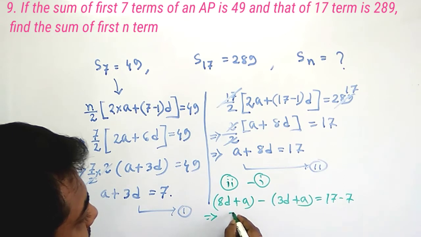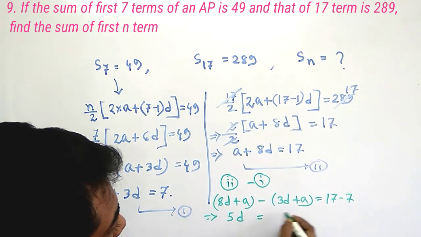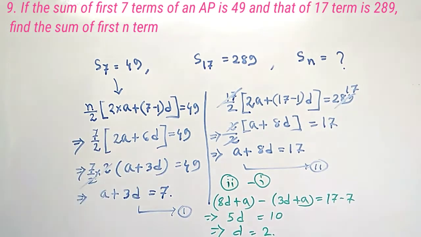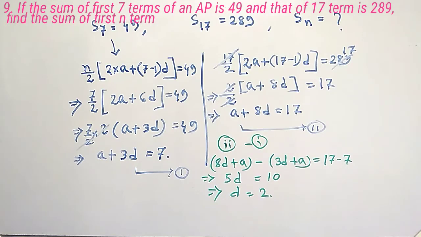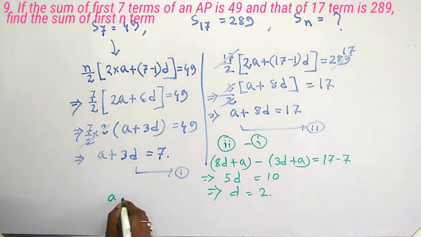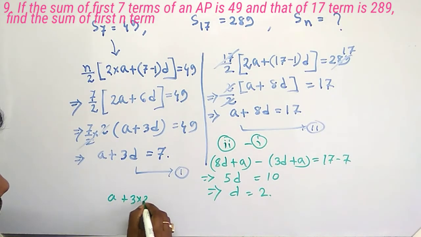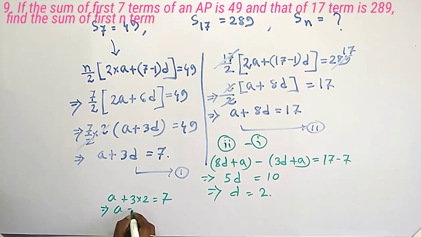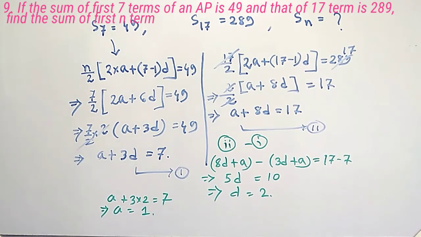So what you have? 5D equals to 10. So D equals to what? 2. So if you put the value of this D here, what will be the answer? A plus 3 into 2 equals to 7. So this implies A equals to 1. So already you have A equals to 1 and D equals to 2.